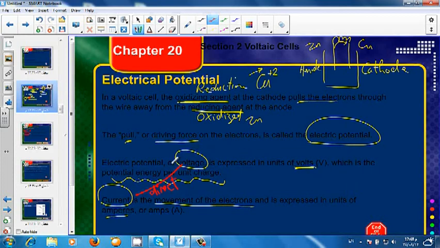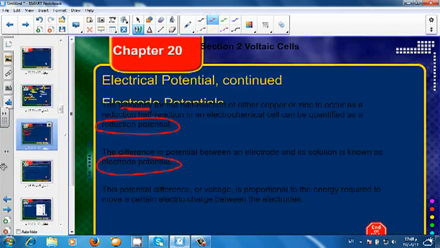The electric potential is the force given to the charge to move, or the driving force on the electrons. Now we have two other potentials: reduction potential and electrode potential. Reduction potential is the ability of a certain half cell, could be the copper half cell or the zinc half cell, to undergo a reduction half reaction. That's why we call it reduction potential.